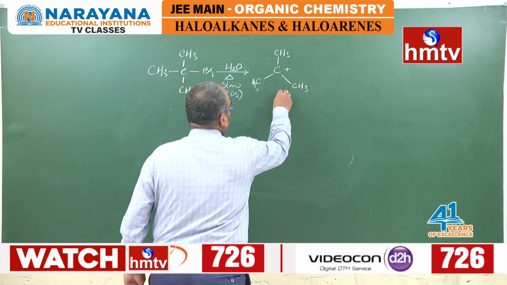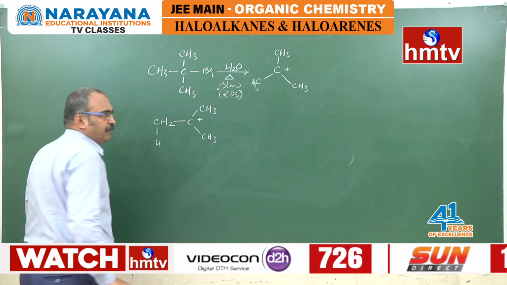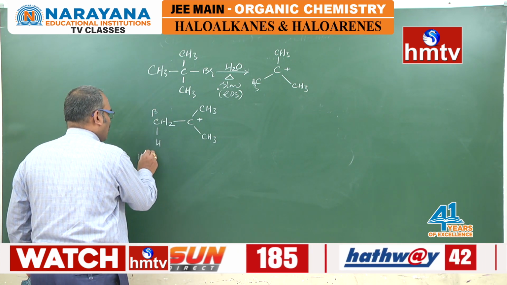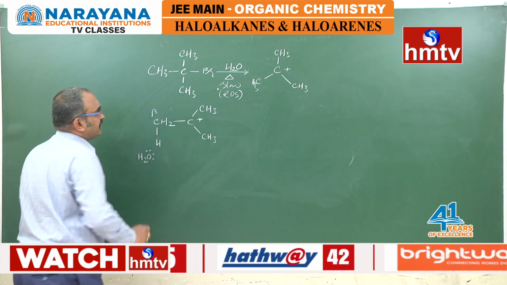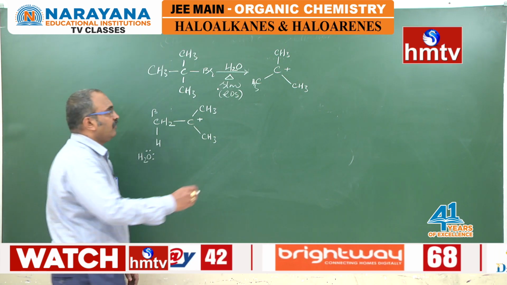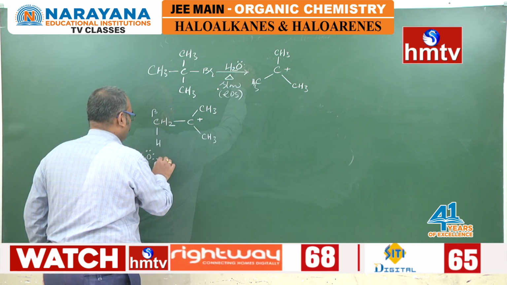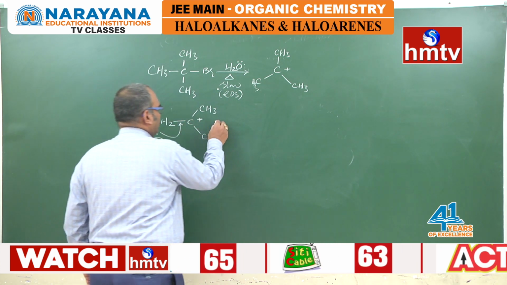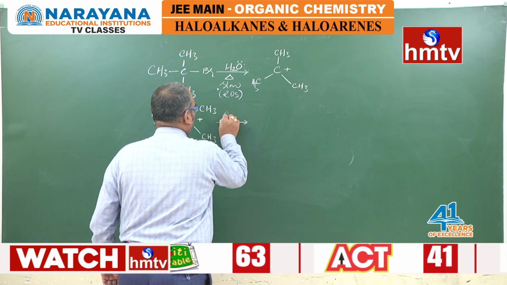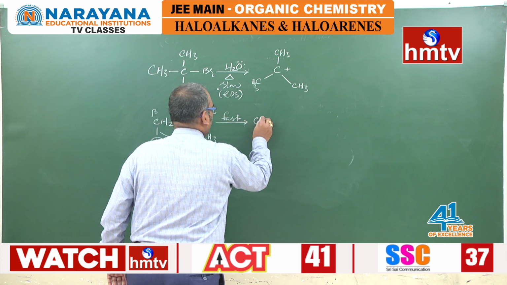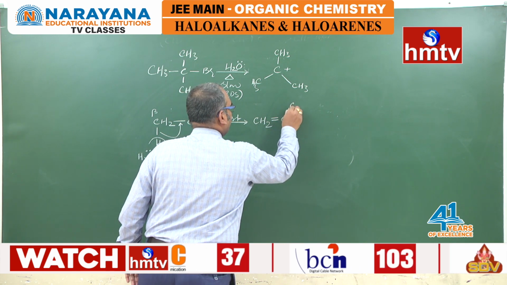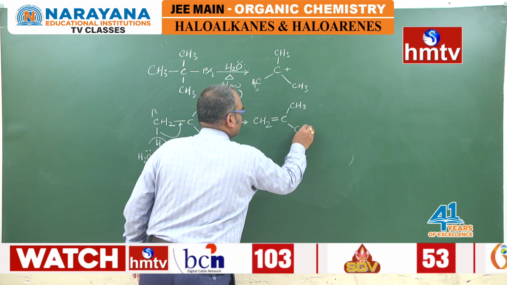Now, this carbocation loses the proton from the beta carbon. Here the solvent itself functions as a base. A weak base is enough for the E1 mechanism. So, this will take up this proton and the sigma bond is slowly converting into a pi bond in the fast reaction, giving you CH2 double bond C CH3 CH3.